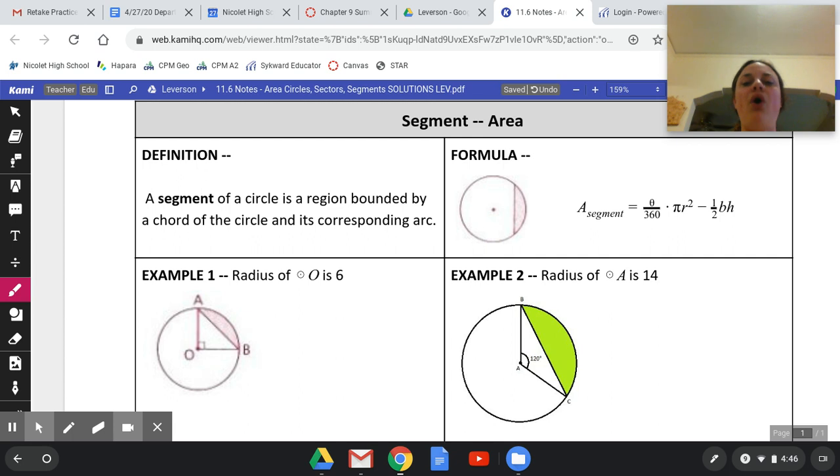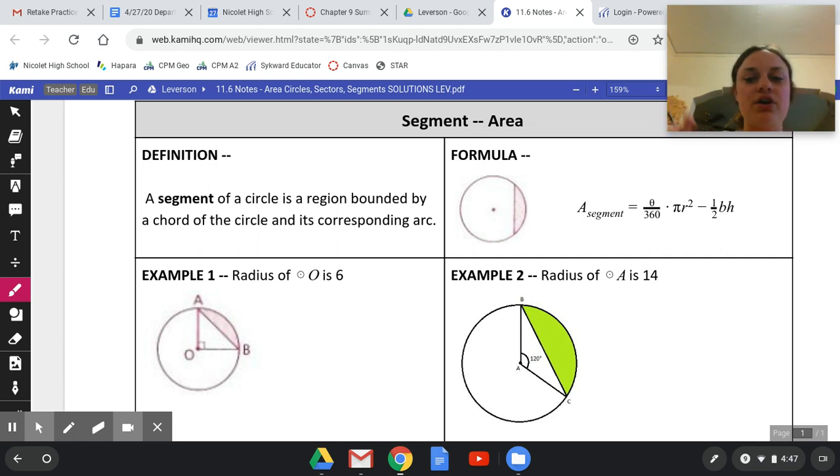Next, I can also have a segment of a circle. Again, a segment, when you hear that word, generally you think, okay, a line segment. Well, kind of, it's created by a chord of a circle. So the region of a circle that is created by a chord and the arc is the segment of a circle.